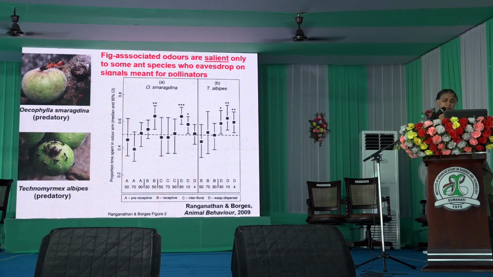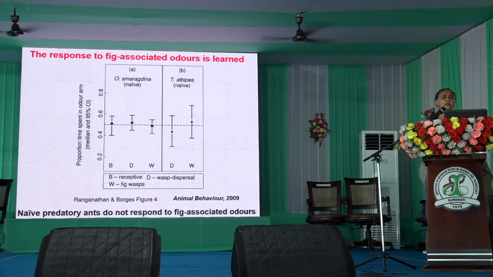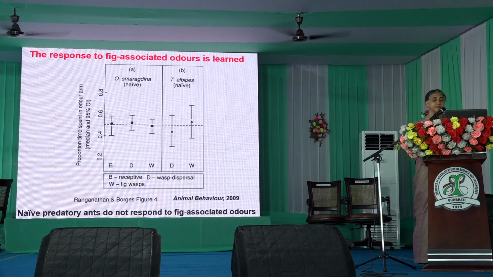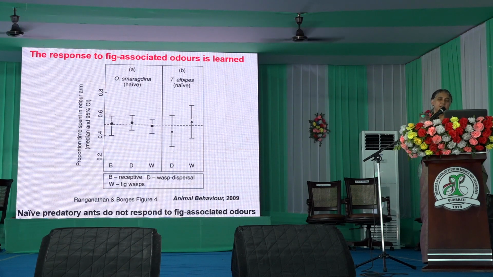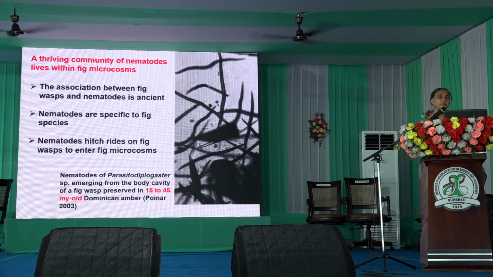So for the first time, we were able to show that the response to fig-associated odors is a learned response by the predatory ants. And this is the first example of chemical eavesdropping by an ant species on a plant volatile odor.